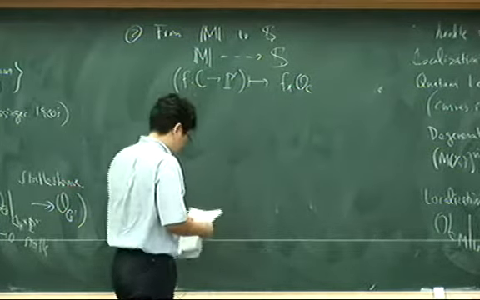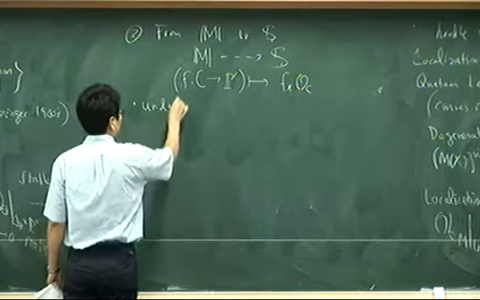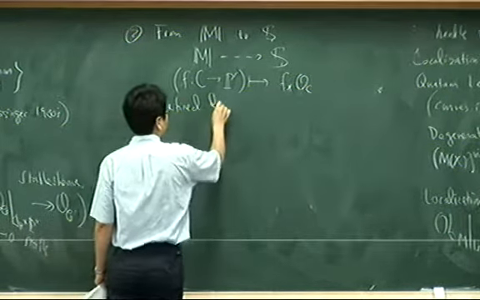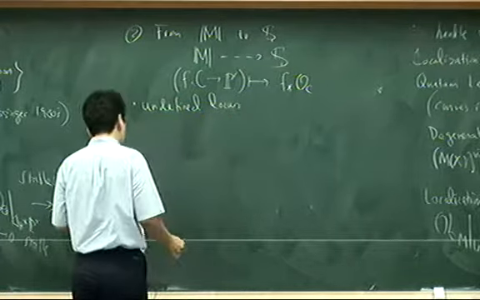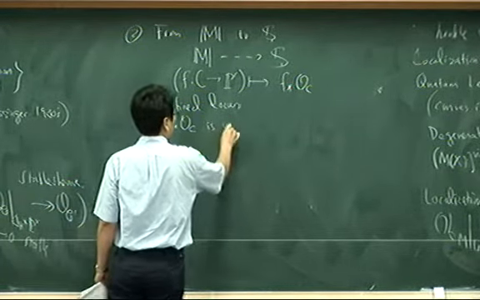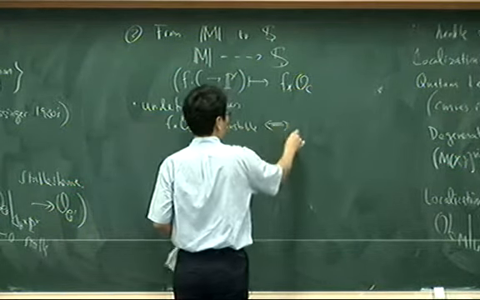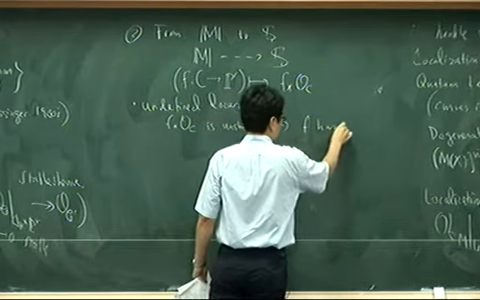All right. So what is the undefined locus of this rational map? It is really the locus where f lower star O_C is unstable. It is really the locus where f has multiple components.